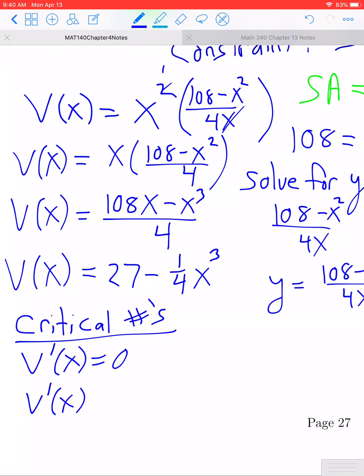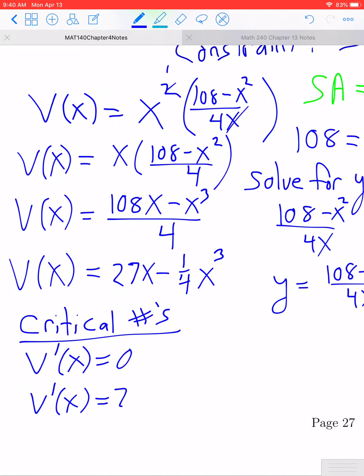V prime of x would be equal to, and I forgot to put my x on that 27, so 27x minus 1/4 x cubed. The derivative is going to be 27 minus, bring the power 3 down, 1/4 times 3 is 3/4, reduce the power by 1, we get x squared.